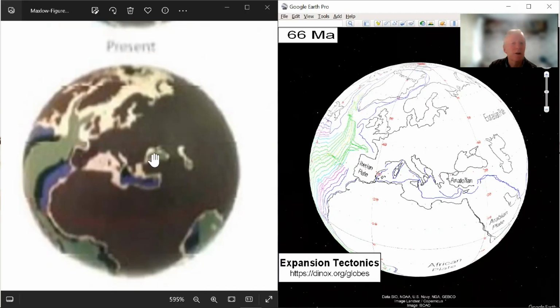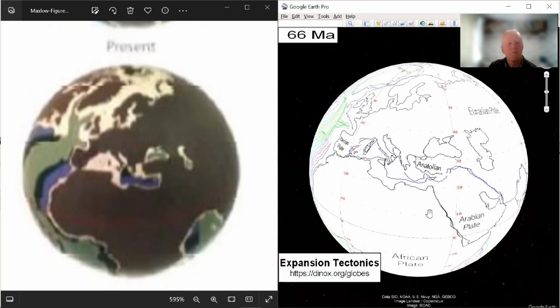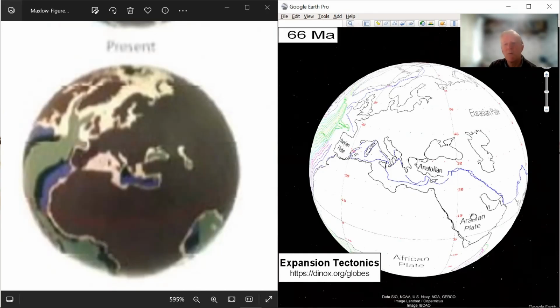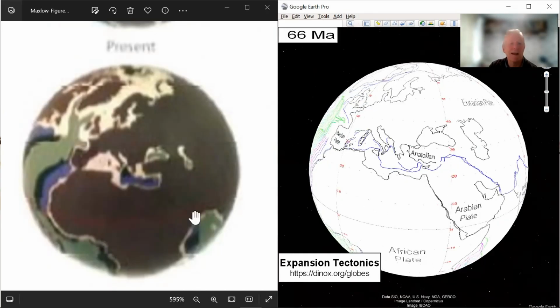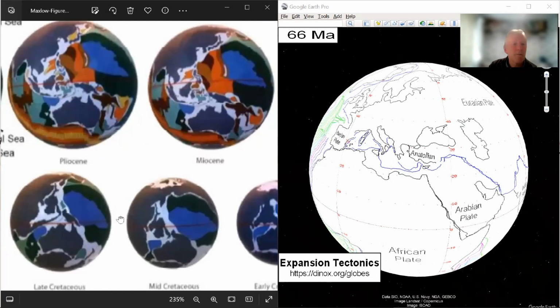That looks pretty, pretty similar. Greenland is in the right position. Greenland there, and the Arabian plate actually fills in the Eurasian plate. So that point. Okay, so I'll have a look at the next one.